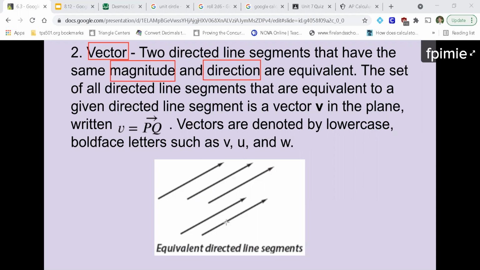So every directed line segment that has the same length and is going in the same direction, the set of them, can be represented by just a single vector V, where V has the same length and same slope as those directed line segments.